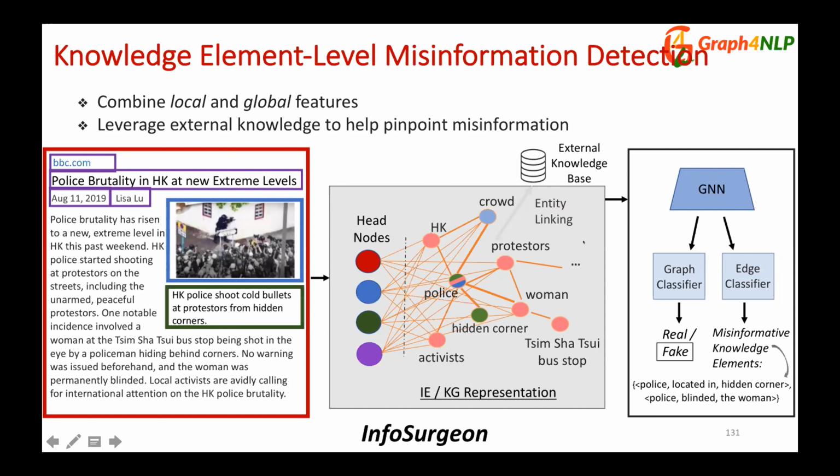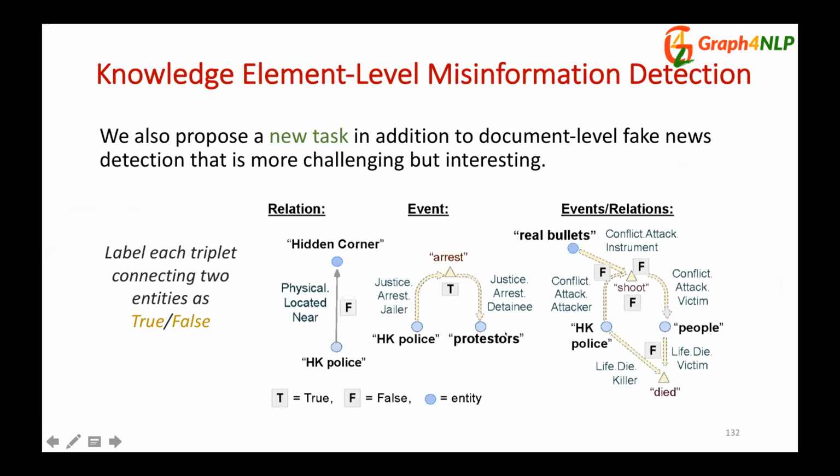So instead of working on sequence-level misinformation detection, we can first construct such a multimedia knowledge graph and then analyze every knowledge element, every triple or every node and every edge, to see if it's true or fake. In this way, we can detect fake news in a much more accurate fashion and also make it more explainable, because we can tell people which knowledge elements caused the fake information.